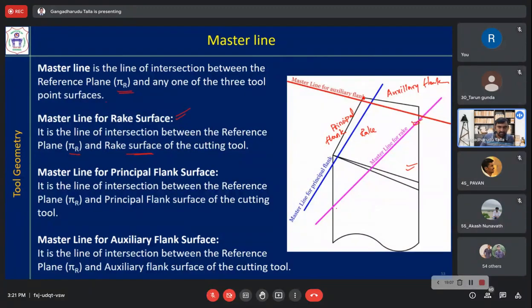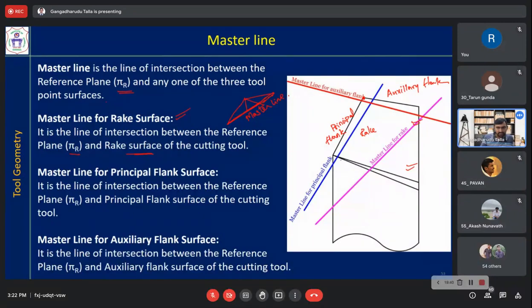In fact, we have seen this kind of triangle earlier. All the points are on one single line, which is nothing but the master line for that particular plane. So this is the master line for the rake surface.